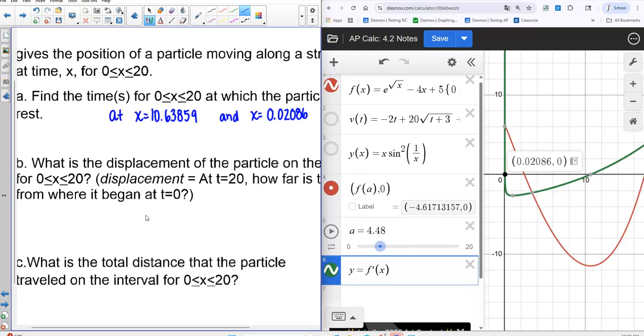So for this particular case, displacement is the easier of the two to find if you have the position formula. Because all you have to do to find displacement when you have the position formula is find f of 20 minus f of 0.